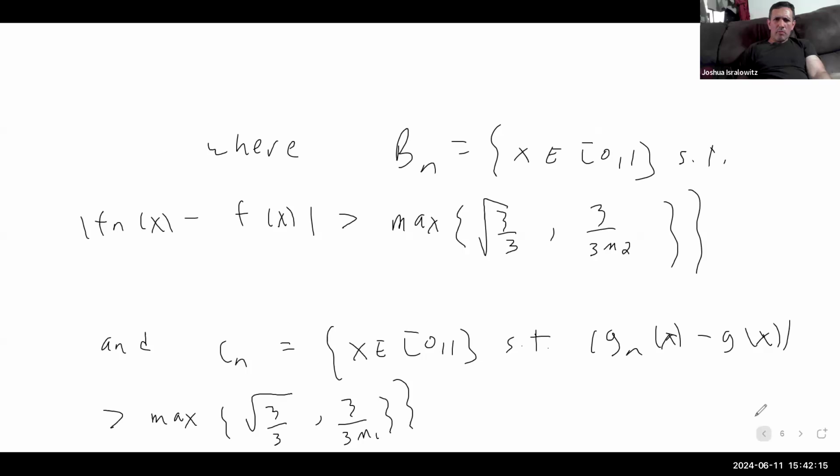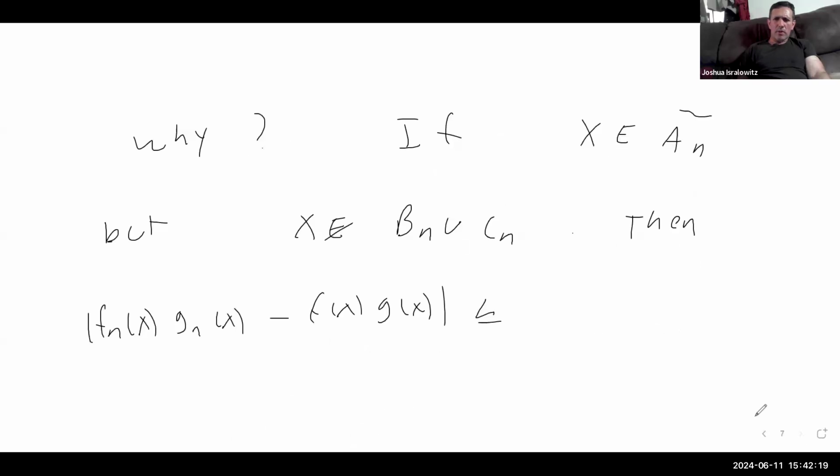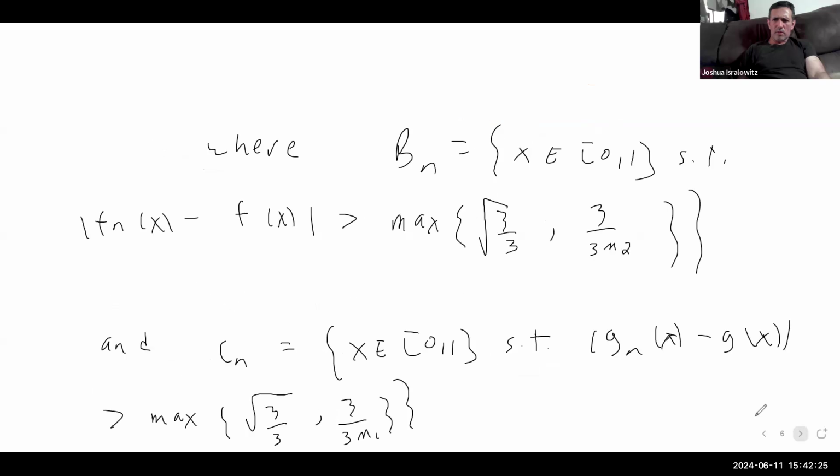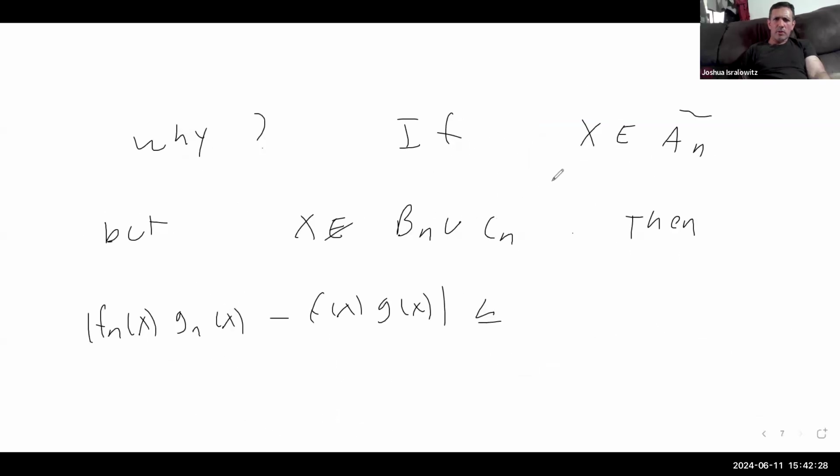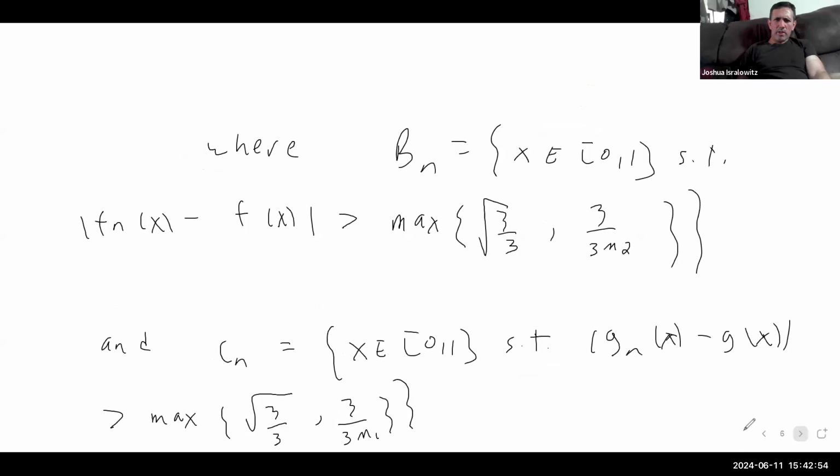Okay, it's trivial here what I'm doing, but the point is x is not in B_n and x is not in C_n.